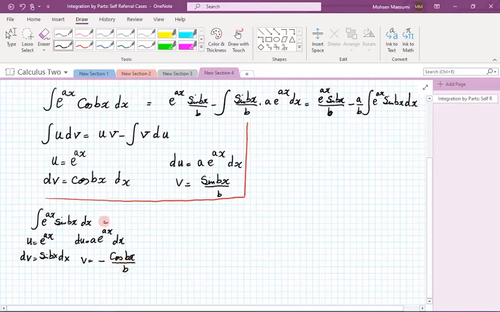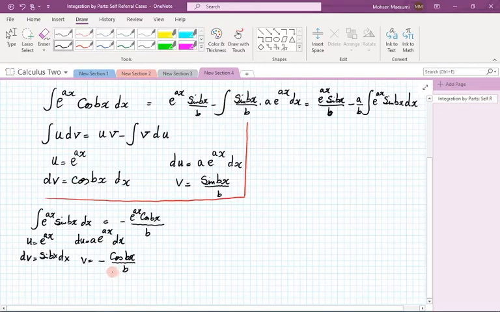So when we write this thing, then I'm going to have u times v. Let's put it nicely at the beginning, minus e^x cosine of bx over b. And then we said v du, I have to multiply these things and subtract.